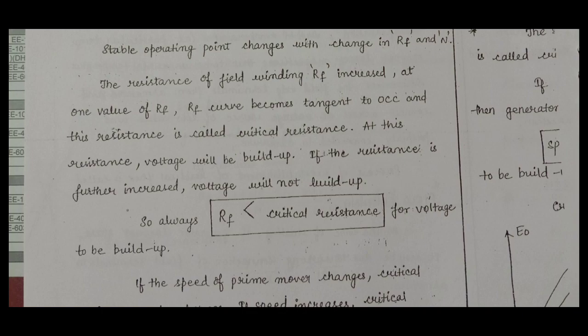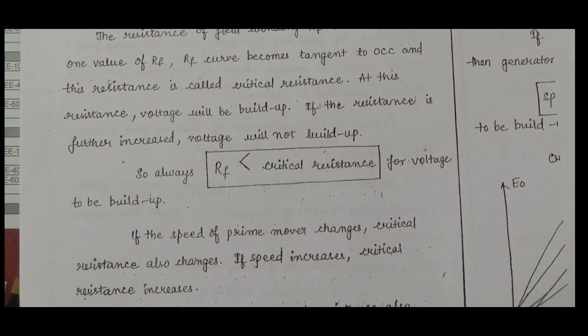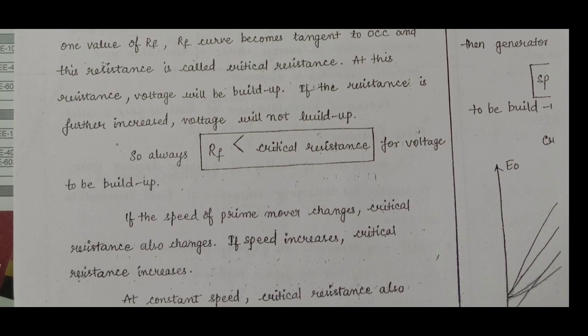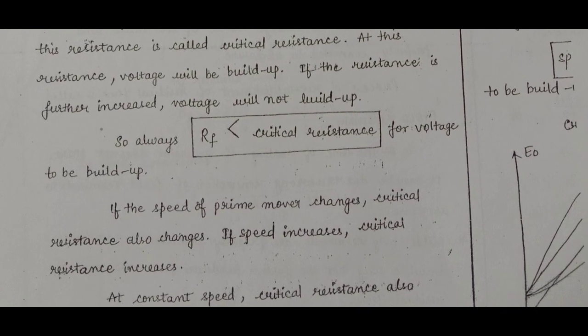At this resistance, voltage will build up. If the resistance is further increased, voltage will not build up. So always the RF value must be less than the critical resistance for voltage to build up.